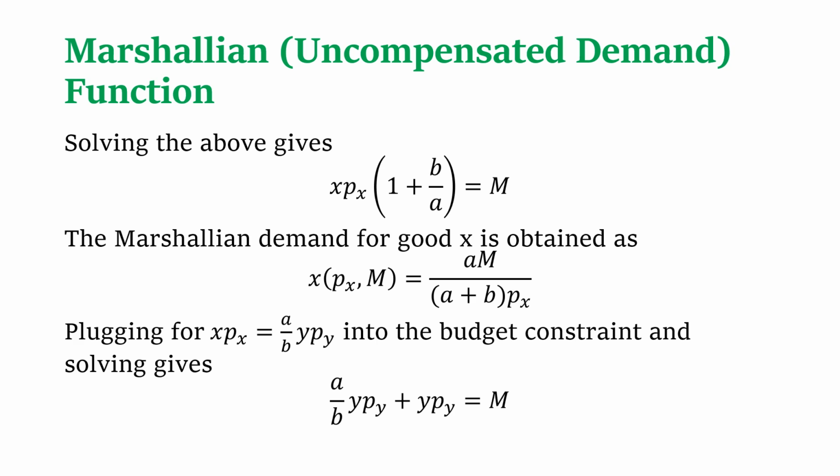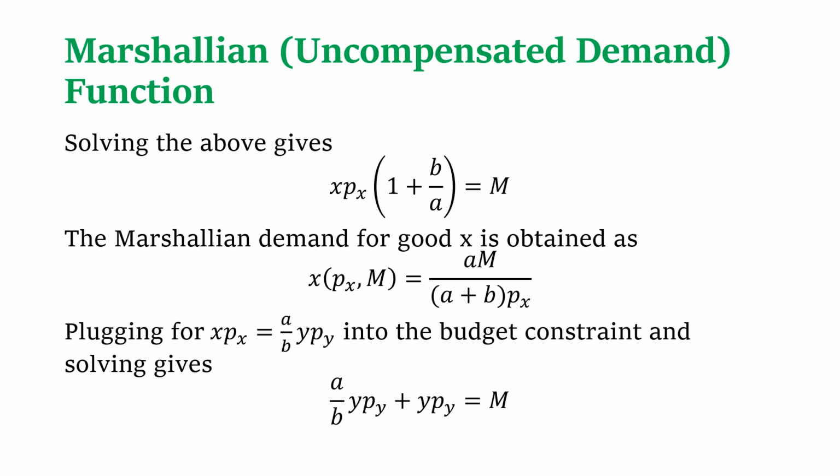So now let's find the demand function for good Y. We do the same thing. Now we know the demand function for good X, right? Which is equal to that. So all we need to do now is to plug in for xpx equals a over b ypy into the budget constraint. So once we do that, we're going to have a over b ypy plus ypy equals m.